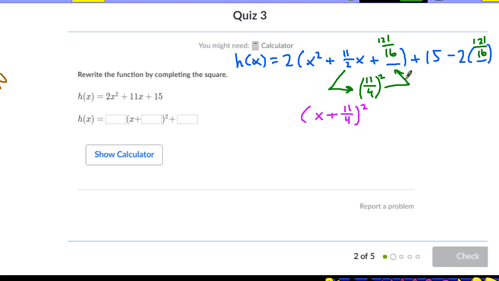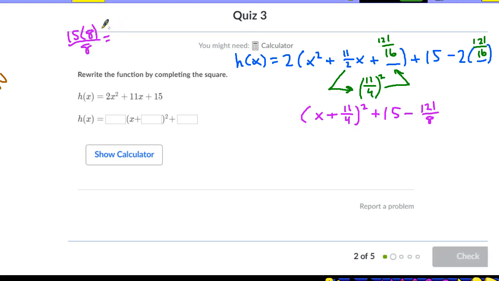Let's see here. And then we'll do, this is going to be a little trickier. Not sure what to do with that. Let's take a look. We will do plus 15 minus 2 and 16 cancel, so that's 121 over 8. And I'm going to go ahead and do 15 over here. 15, if I want to make it with a denominator of 8, I have to multiply it times 8 over 8.